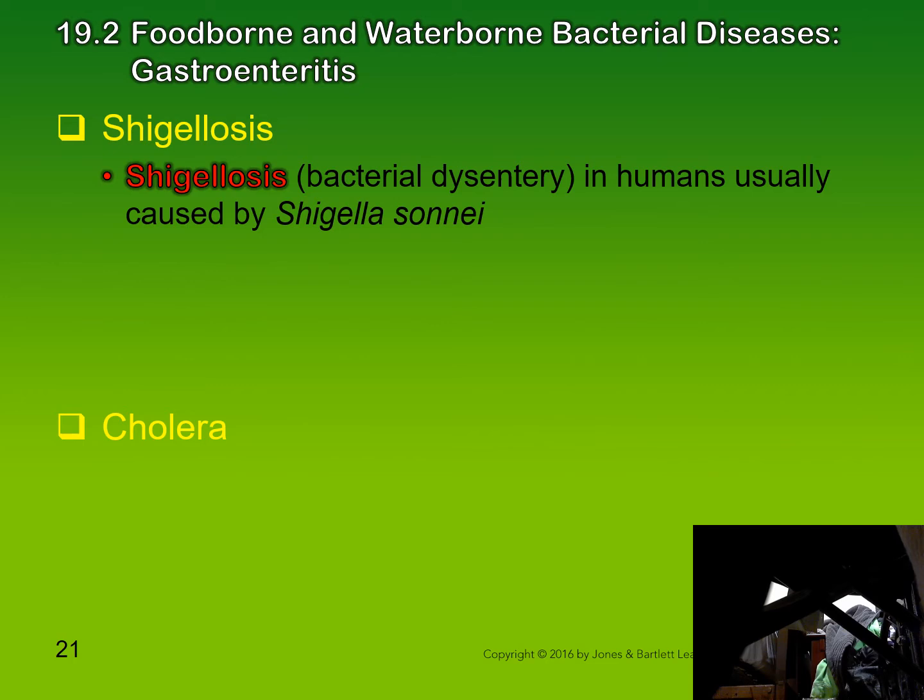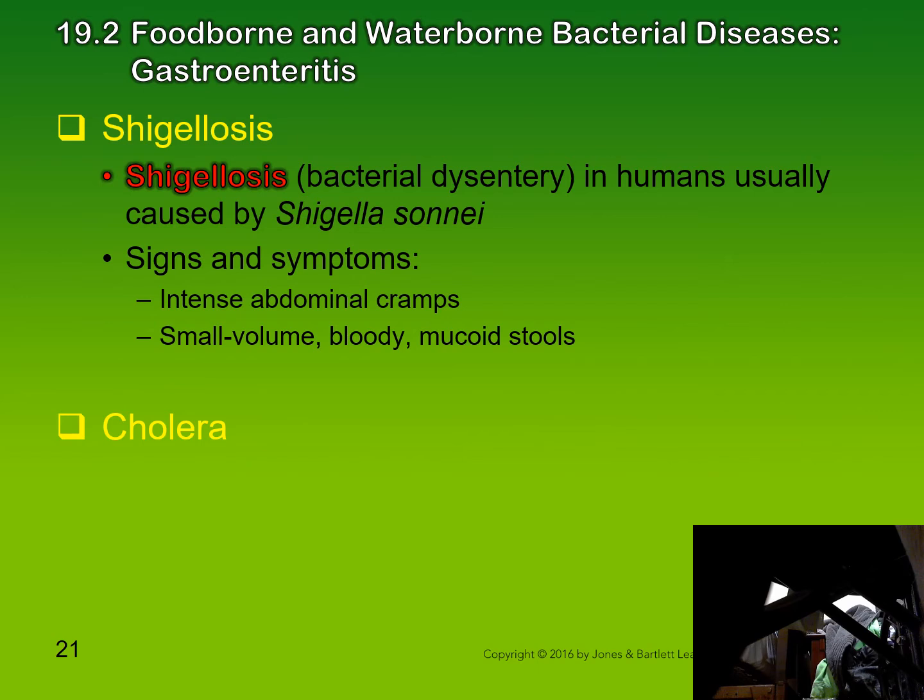Shigellosis, a dysentery caused by Shigella sonnei, and you'll have intense abdominal cramps and small volume bloody mucoid stools.